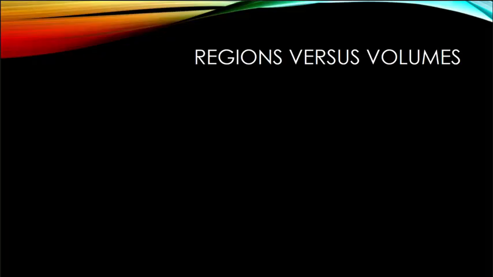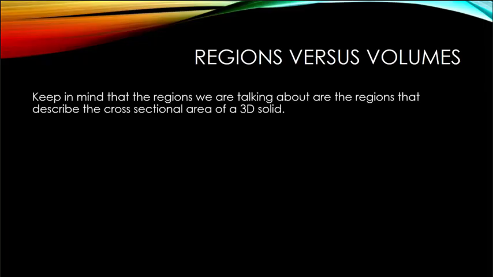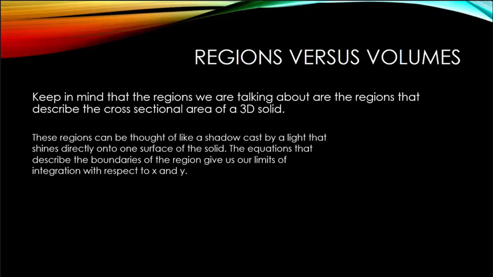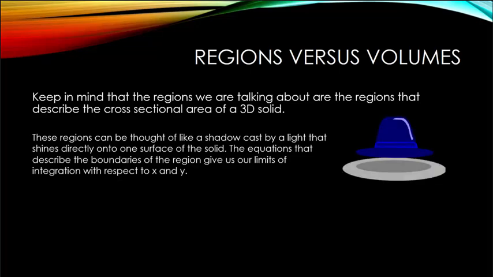So I want to talk a little bit about regions versus volumes here. I want to keep in mind that the regions we're talking about are regions that describe a cross-sectional area of the solid. These regions can be thought of like a shadow that's being cast by a light that shines directly on my solid and projects the shadow down onto a plane below the solid or to one side of the solid.